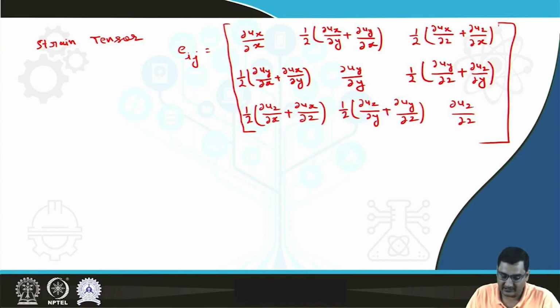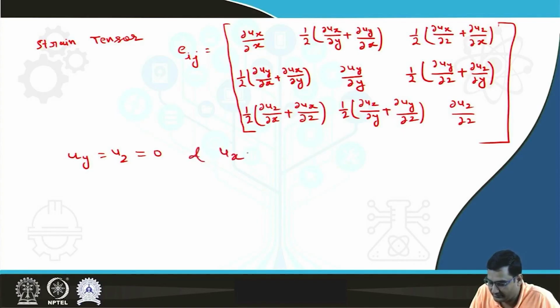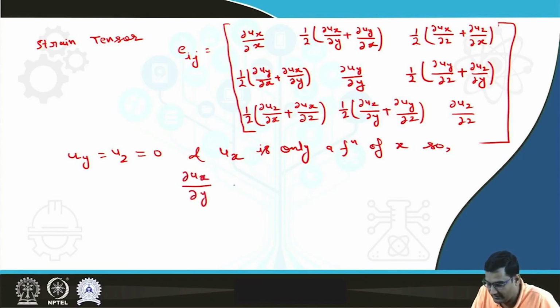But we can note that uy and uz are both equal to 0, since the displacement is happening in the x direction only. We also know that ux is only a function of x, so we can write del ux by del y is equal to del ux by del z is equal to 0.